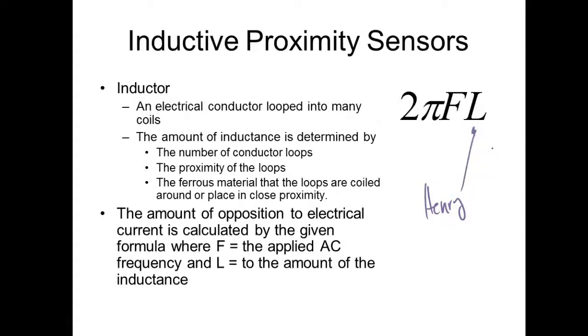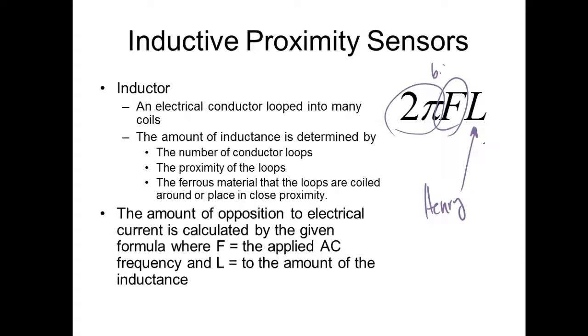So if I buy an inductive sensor, 2 pi is set. This right here is set, so the sensor operates at a certain frequency. So what are these devices varying? They're varying the L of the inductor. What determines the L? The number of loops. Well, with the sensor, you don't control the number of loops because that's built into it. The proximity of the loops: how close are these loops together?